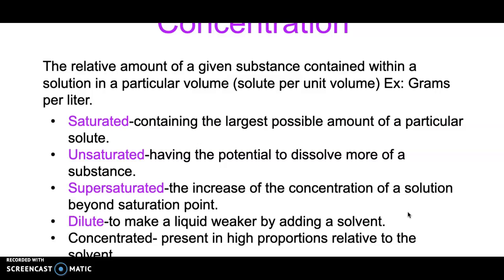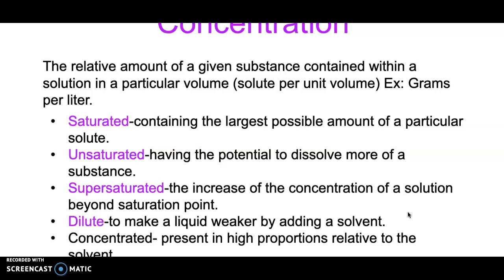Concentration is relative to the particular substance. If I say that a substance is saturated, it means that you cannot add any more solute. If I put as much salt in water as will be absorbed, there would be a remaining amount of salt at the bottom of the container, and it will not dissolve in water anymore.